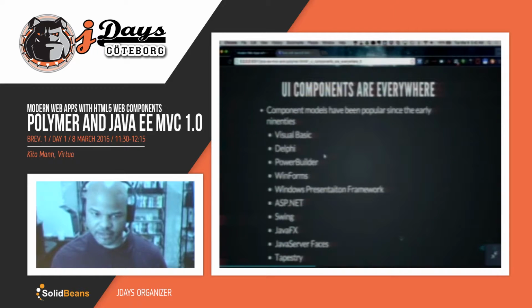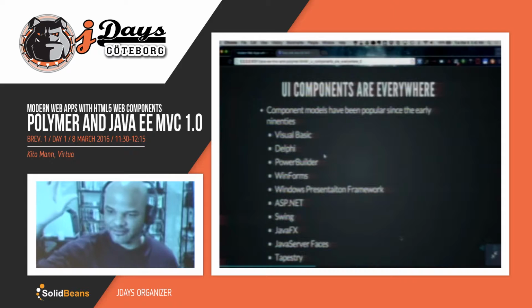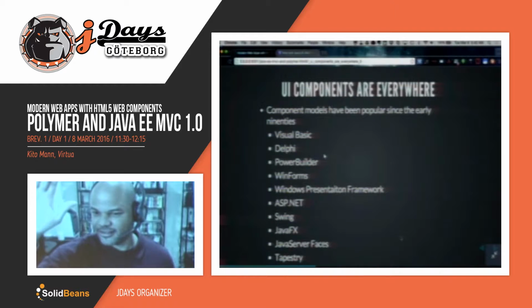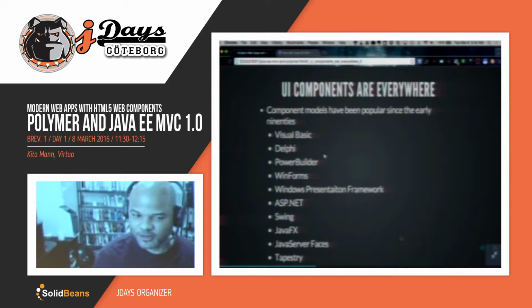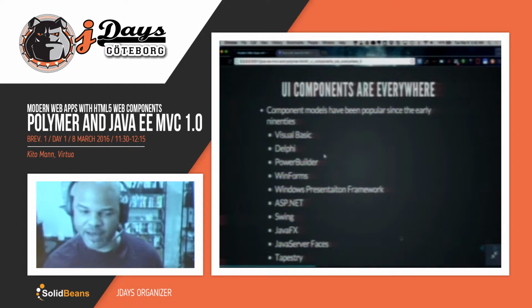And if you think about it, component models have been around with us for a long time in the world of software development. How many people remember Visual Basic? Anybody? Okay, got a few out there. How many people remember Delphi? Yeah, these products still exist, by the way. So Visual Basic was probably the first development tool to really popularize UI components.